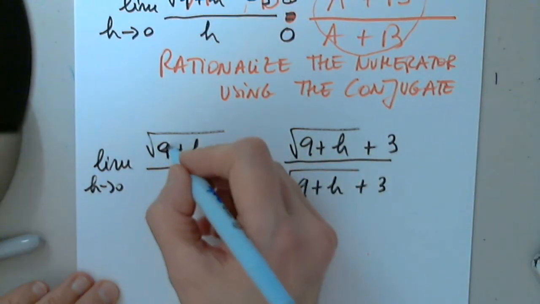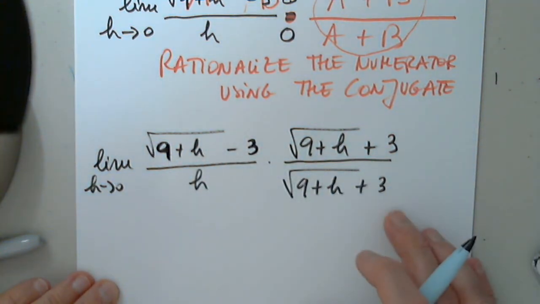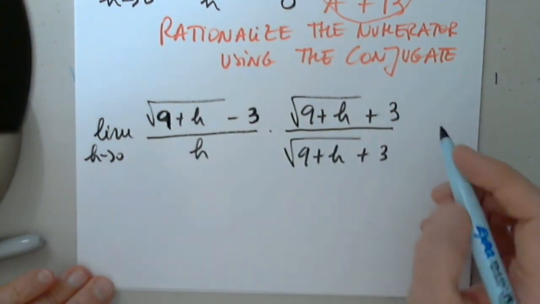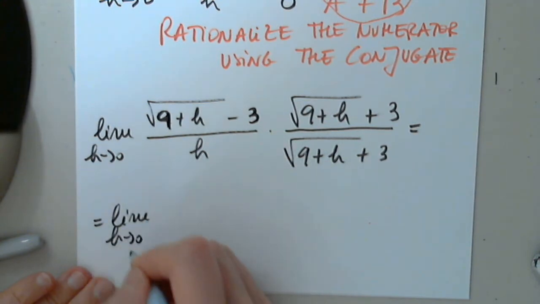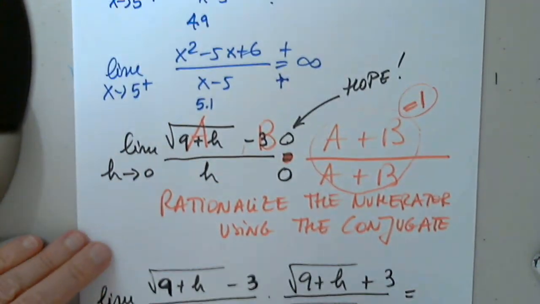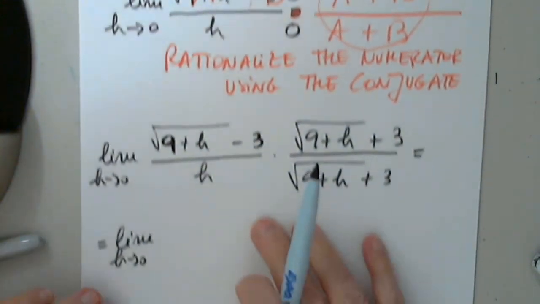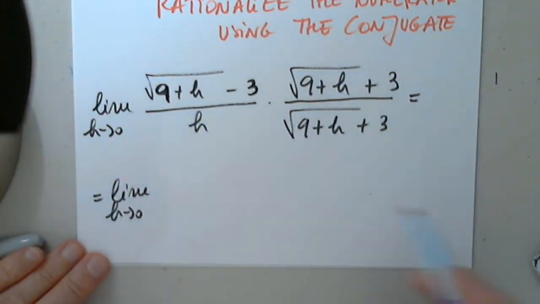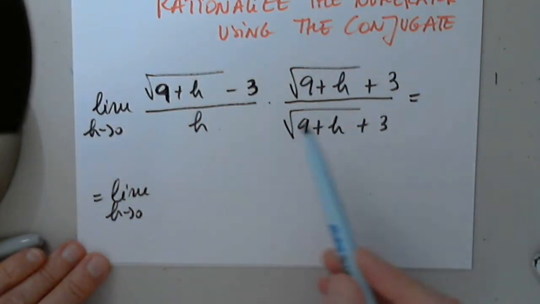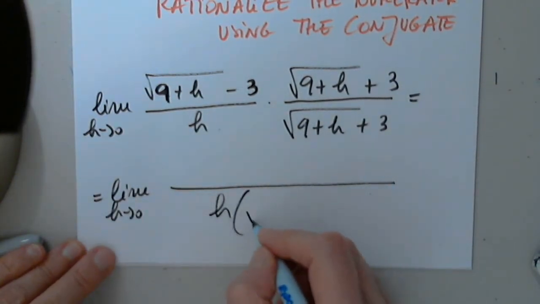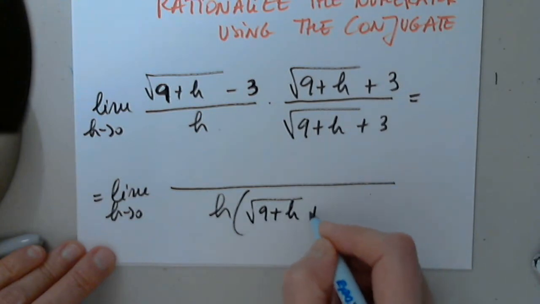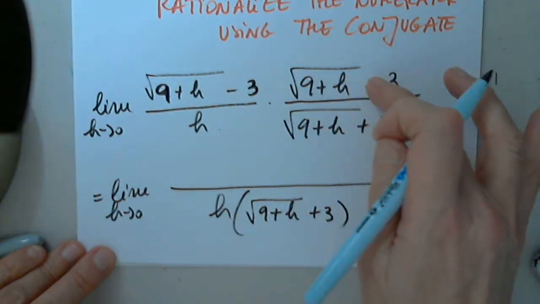Sorry about that. It's 9. Thank you. Good. So now limit as h approaches 0. Notice again that the limit operator has to be in the problem at all times. The denominator is easy. Square root of 9 plus h plus 3. Can anyone give us this product?